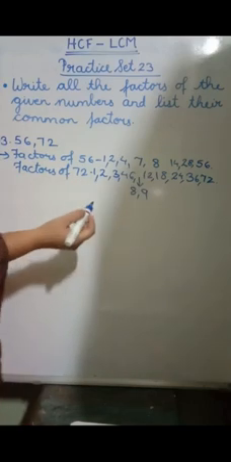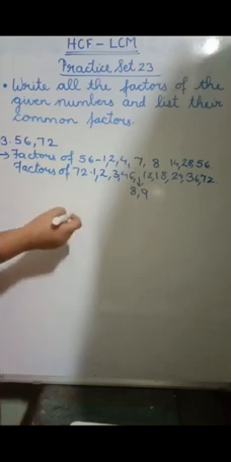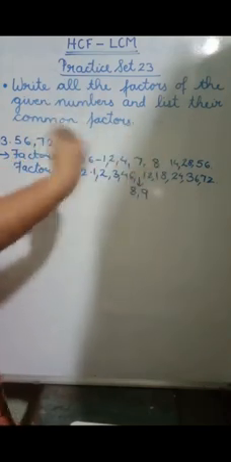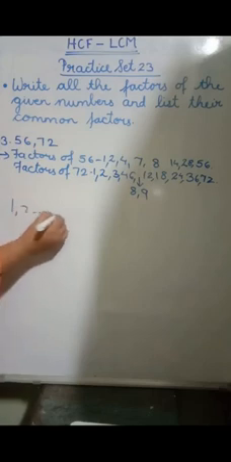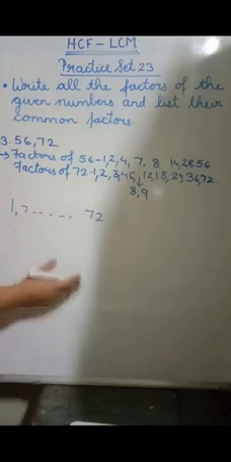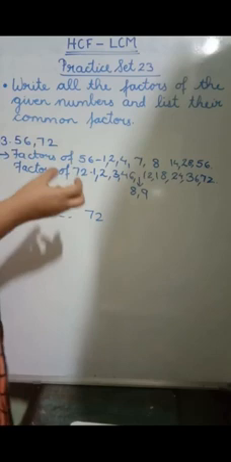See children, because of this method I am showing you just now, if 1 then 72, 2 then 36, those numbers you directly get as an answer. Otherwise, see, factors means what? From 1, 2, 3, 4, 5, 6 till 72 numbers are there. Yes or no? From these 72 numbers we have to select which are the factors.